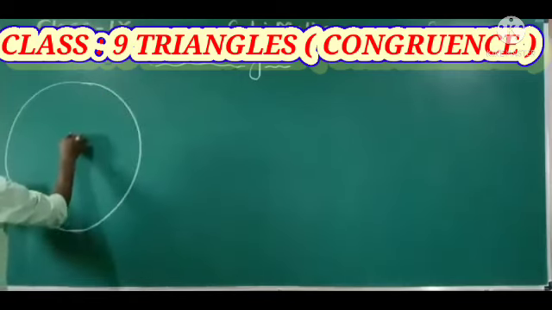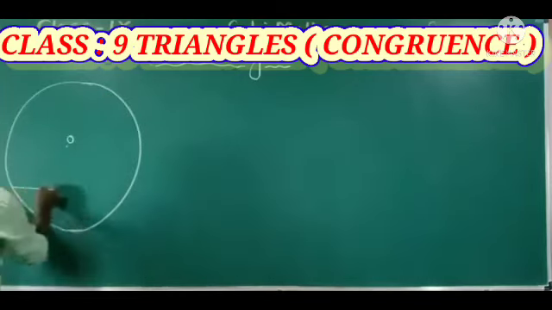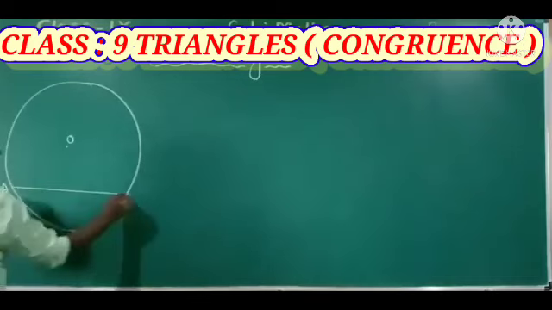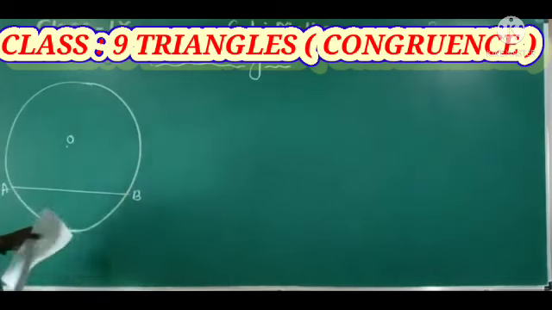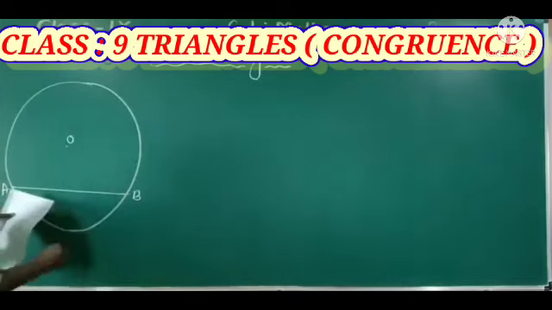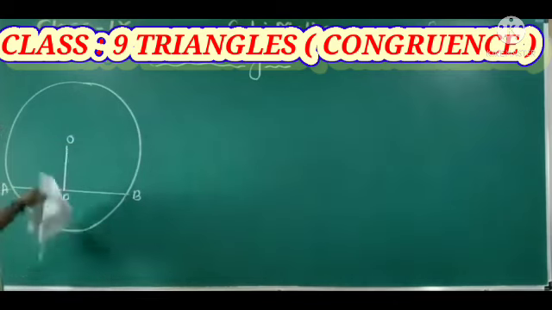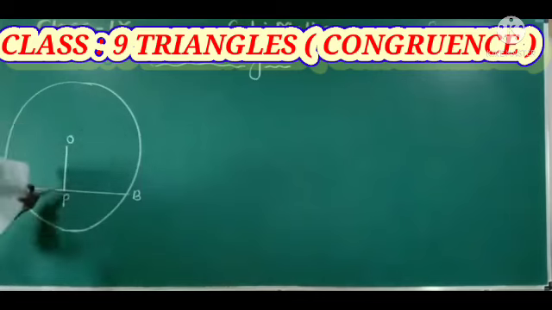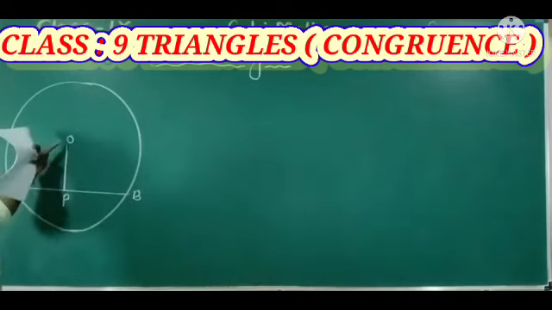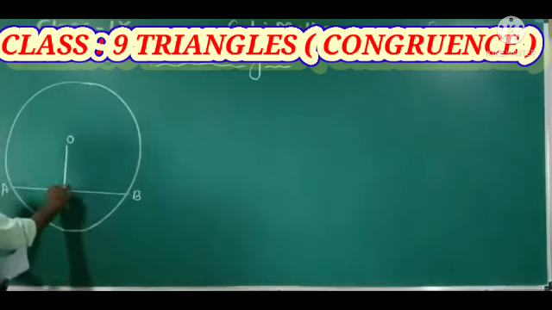So O is the center of the circle and AB is a chord. OP is the line drawn from the center of the circle to the chord.